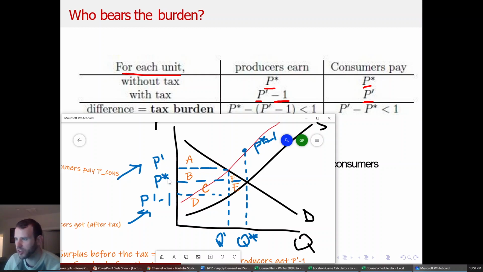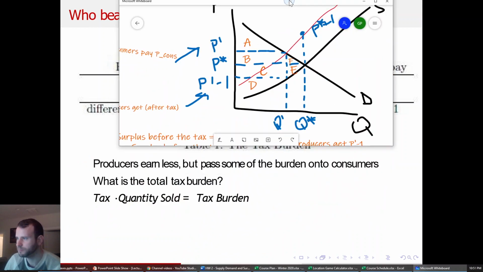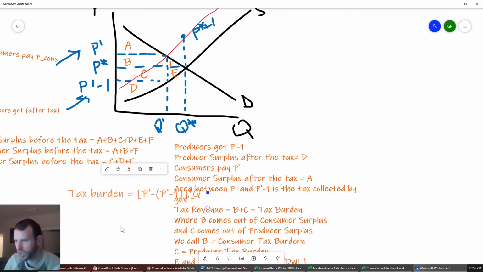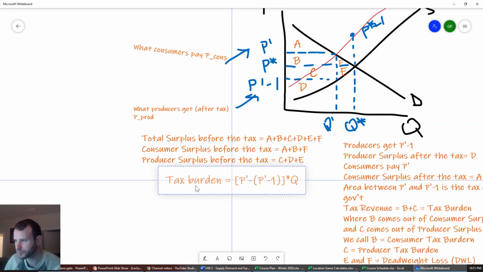It's P prime minus P star times the quantity produced after the tax. Look at the producer tax burden. It's going to be P star minus P prime minus 1. This area here is C. And this will be times the quantity produced at equilibrium, Q prime. Okay, so this was per unit. Now we're doing it for overall.